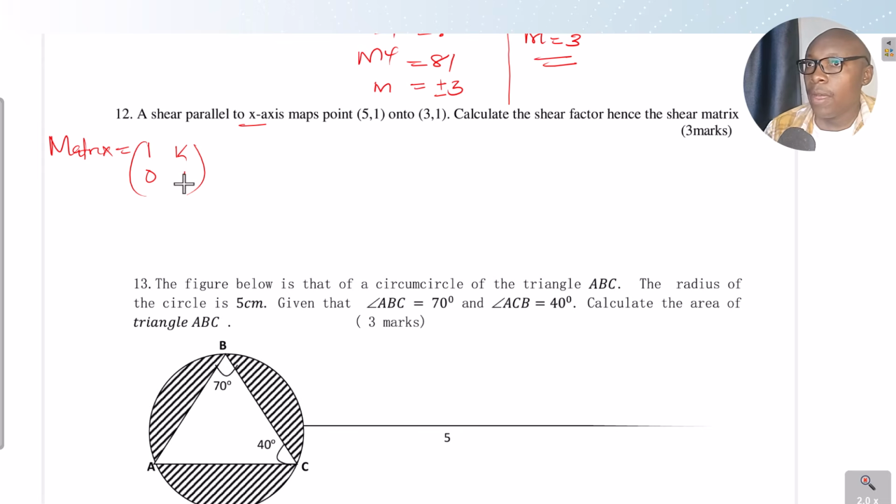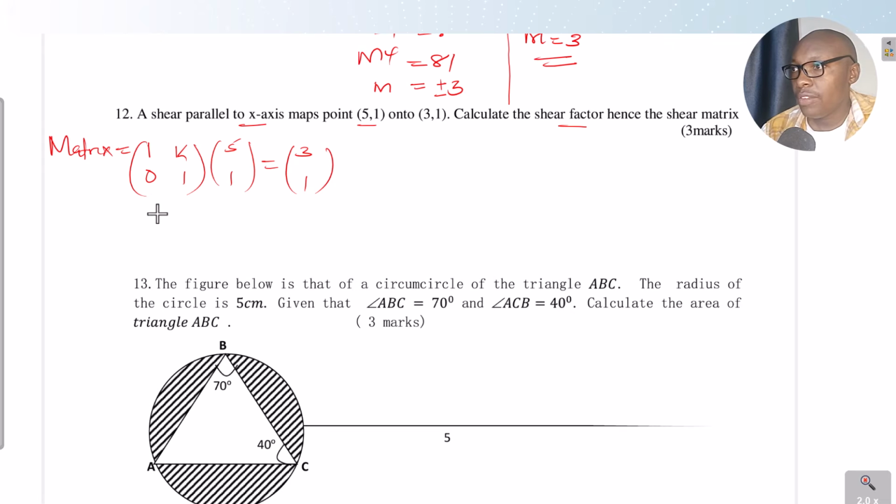Now having these, we can get k, because you're supposed to get the shear factor. The shear factor is k. So you simply take this matrix and pre-multiply with the object point, which is 5, 1. And this should give you the image, which is 3, 1. So multiply these. 1 times 5 will be 5 plus k.